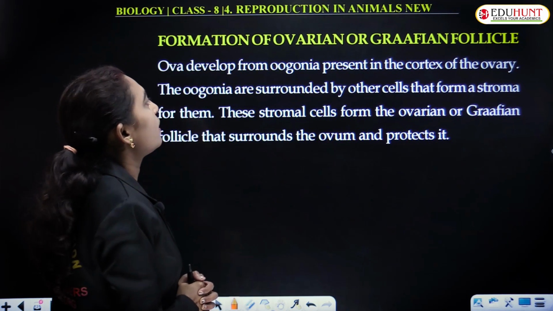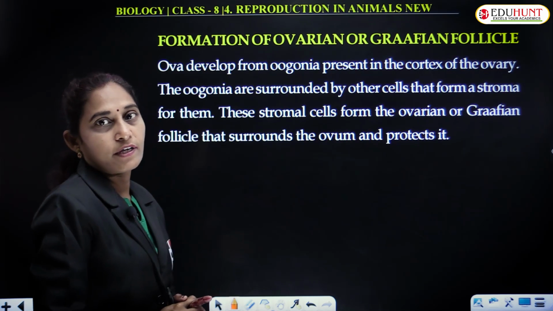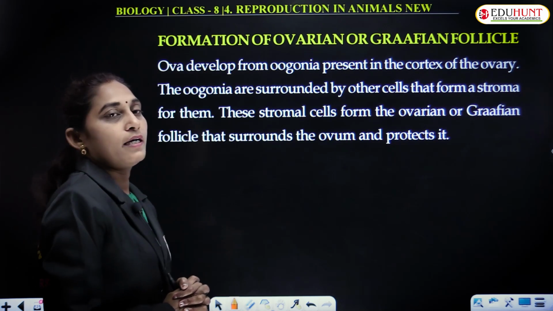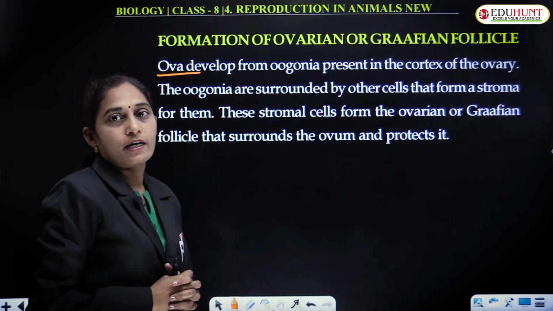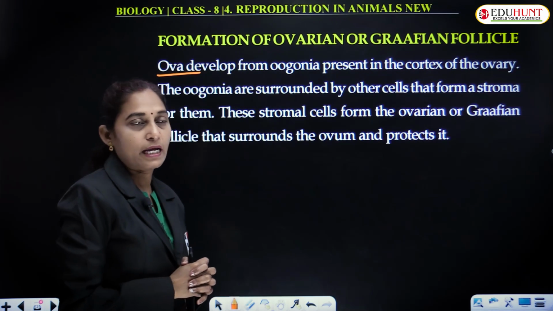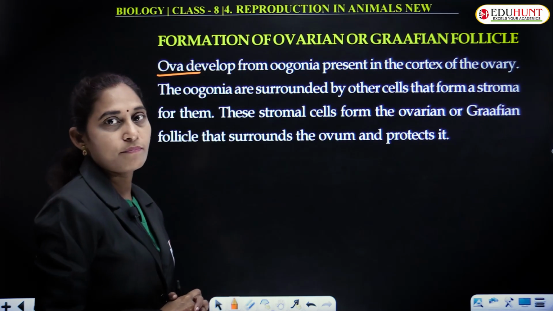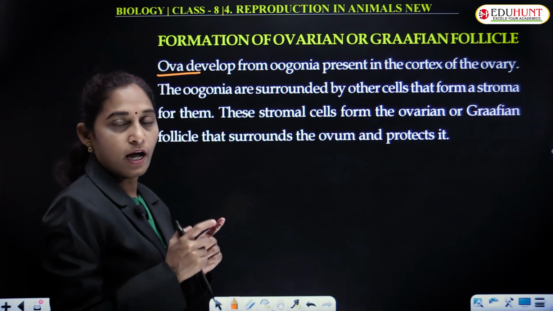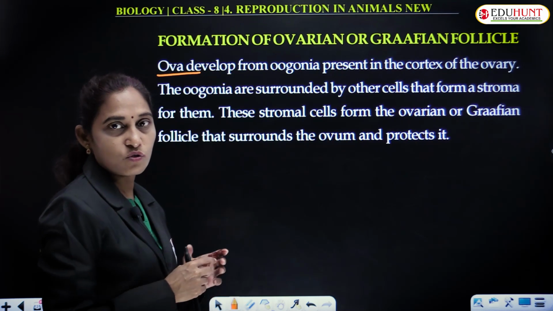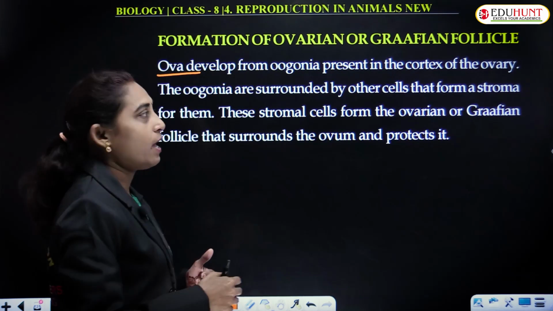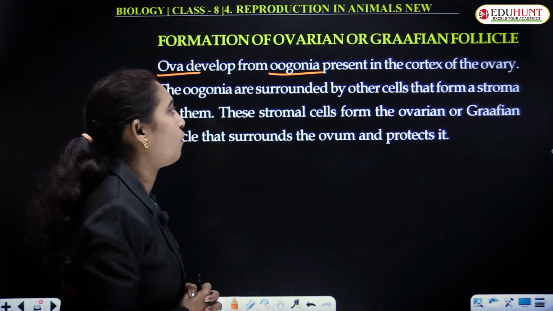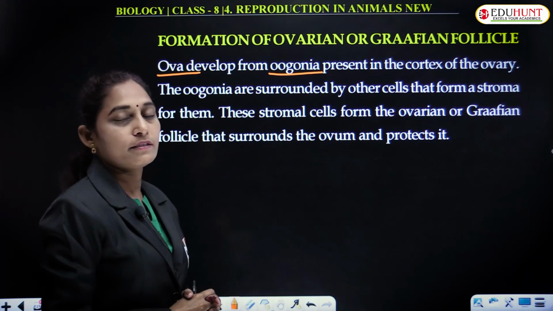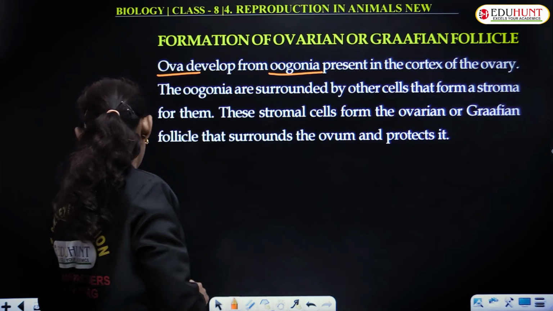Formation of the ovarian or Graafian follicle. The ova, that is, the female gametes, develop from oogonia. Oogonia are the structures which will give rise to the haploid ovum, and they are present in the cortex of the ovary.